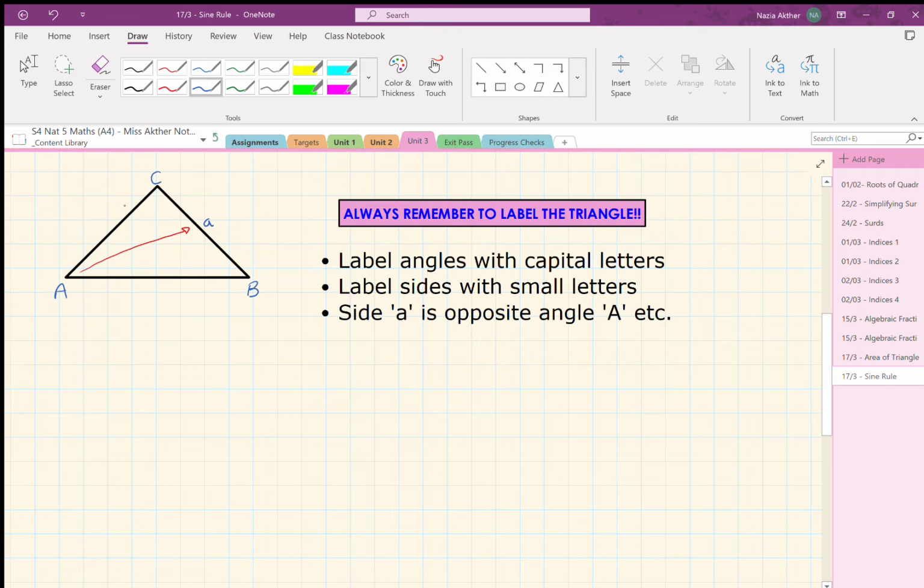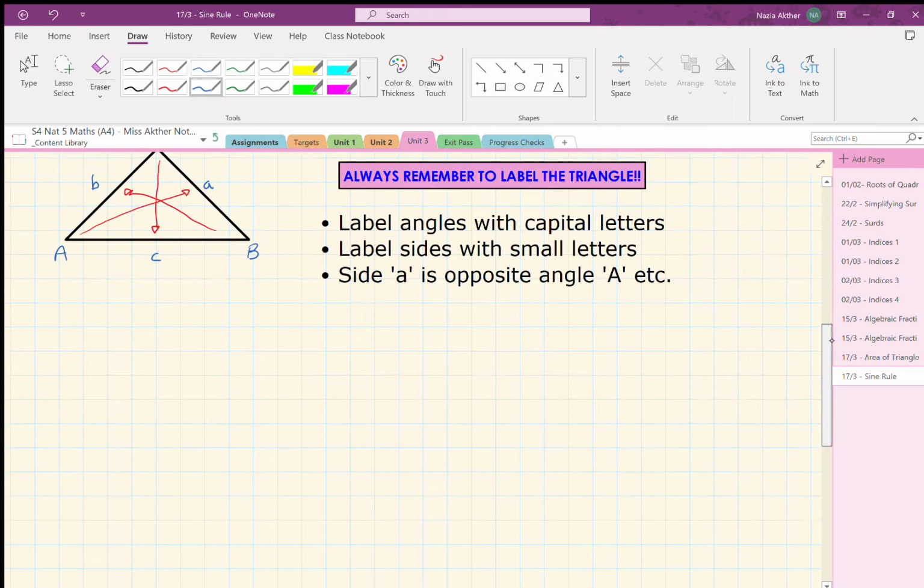This side here is opposite angle B, so this side will be labeled with lowercase b. And then finally the bottom side, because this side is opposite angle C, we label this side with lowercase c. Okay, so that is how you label your triangle.